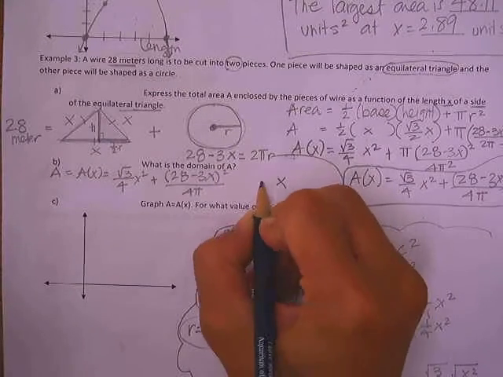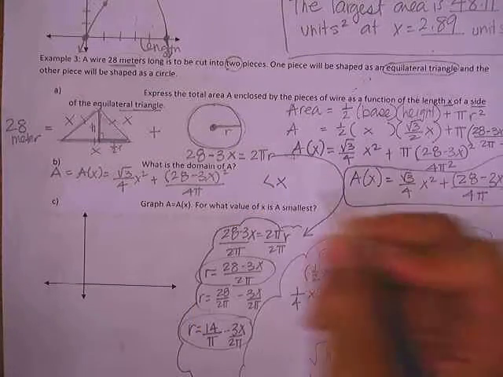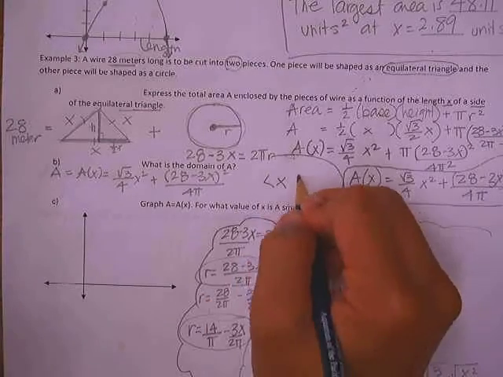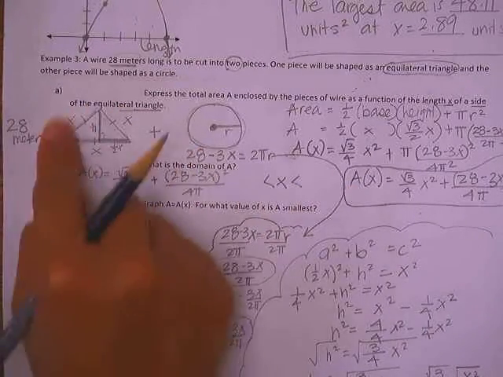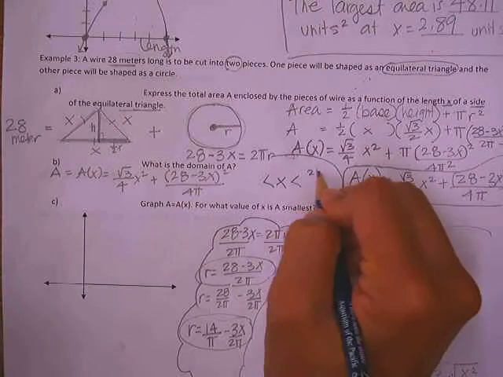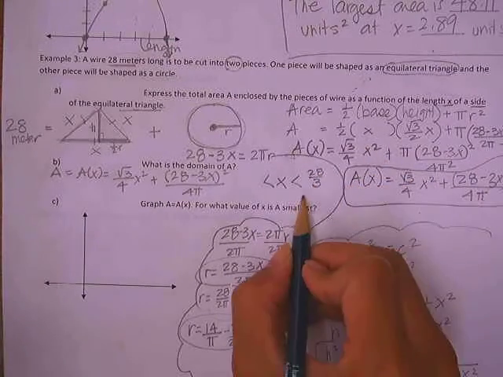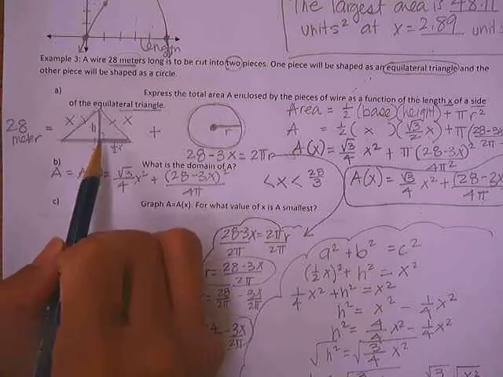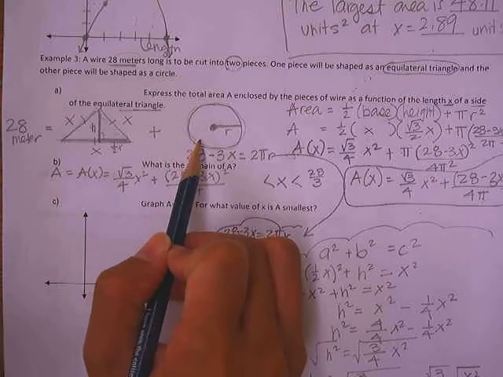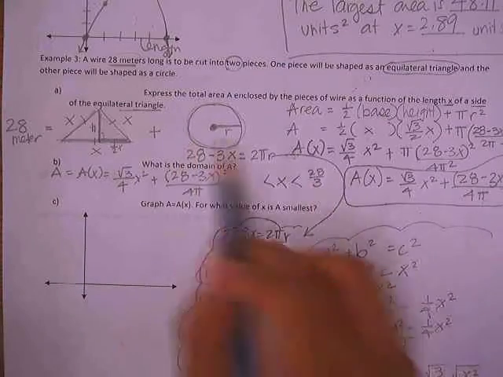Domain is x can be, not including, the most it can be, leaving all 28 here, so 28 divided by 3. Keep in mind that I'm using most of it for the triangle, and a very small amount, almost 0, for the circle.